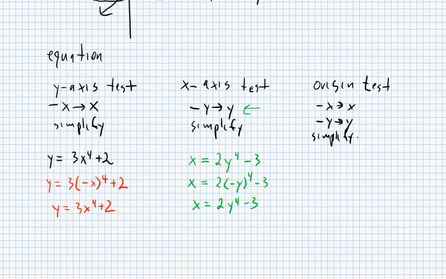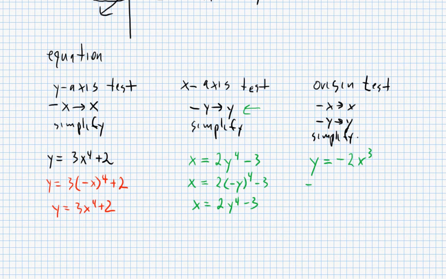And now a third example, how about this one for the origin test? Y is equal to negative 2x cubed. What I'm going to do is put opposite x in for x, opposite y in for y, and then we'll simplify, and then we'll see.